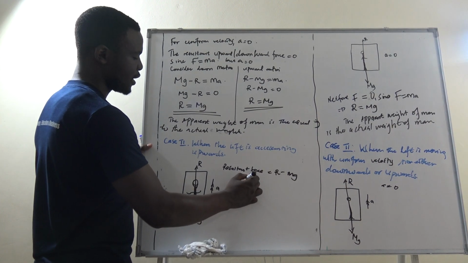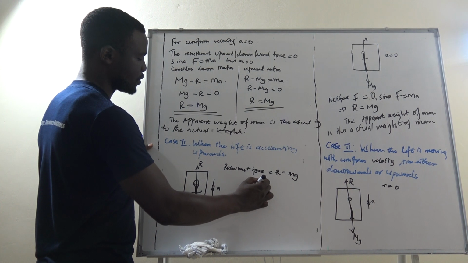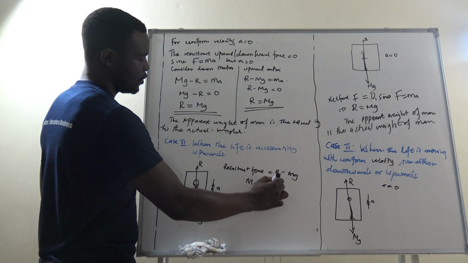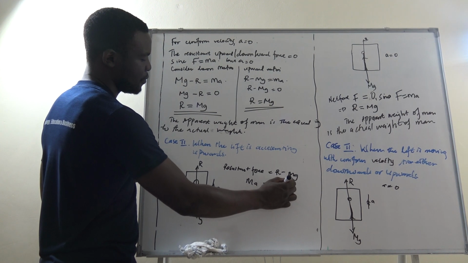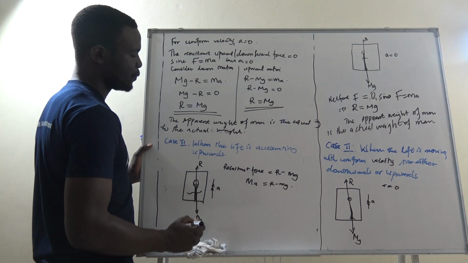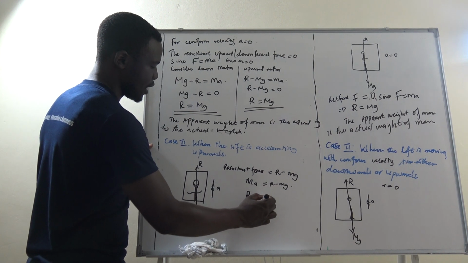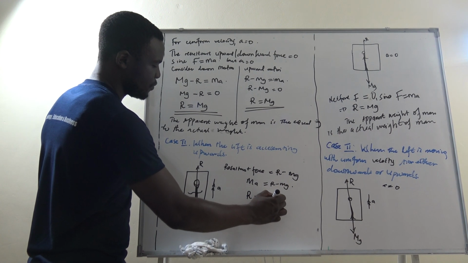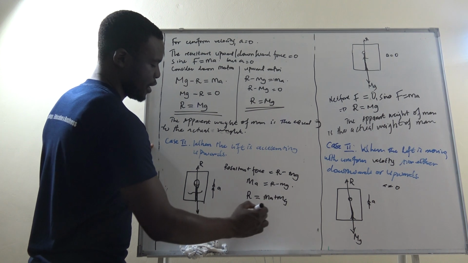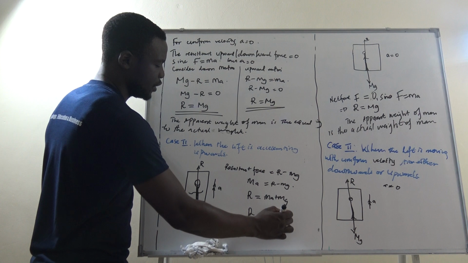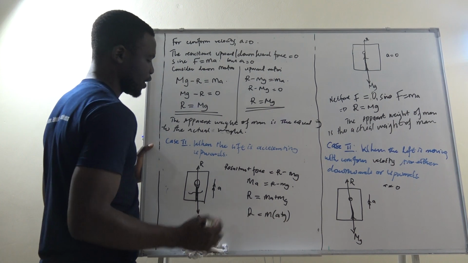But we say the resultant force must be equal to ma. Therefore, ma is equal to R minus mg. Now, if we make R the subject, we see that R is equal to ma plus mg. Therefore, we see m is common, we pull it out, and we get R equals m into g plus a.